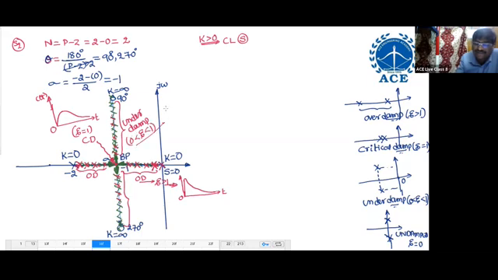What is the nature? The nature is decreasing amplitude oscillations like this. It is an underdamped system.